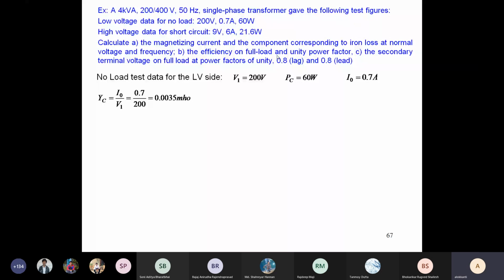What else can you find out? Resistance. In this case, it will be GC, the conductance.